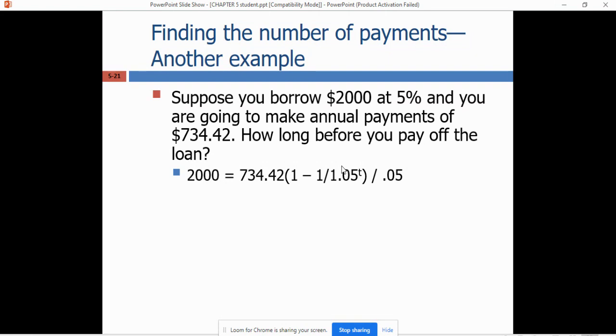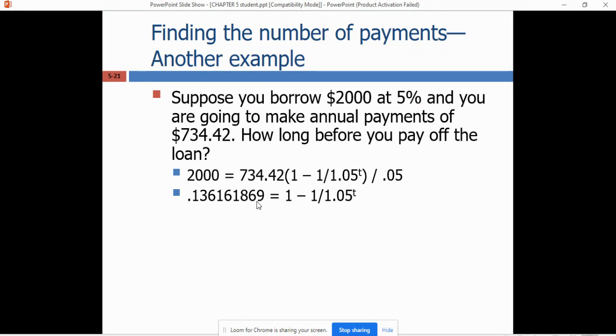In your time value of money formula, 1 over 1.05 to the power of n becomes 1.05 to the power of negative n, instead of 1 divided by 1.05. So first, 2,000 divided by 734.42, you get 2.7233 and then times 0.05, which gives 0.1361.